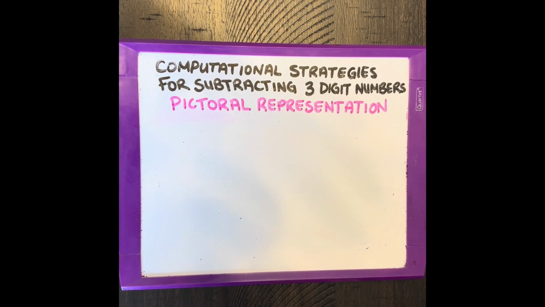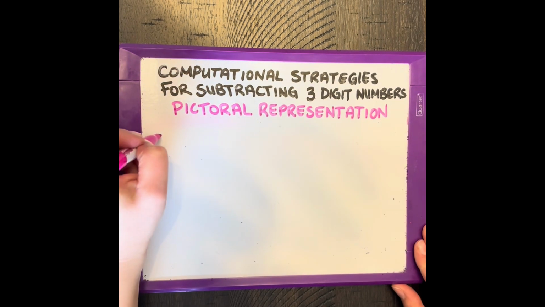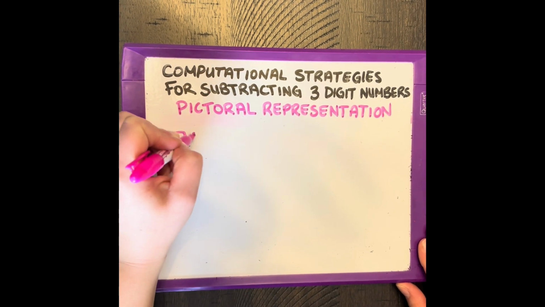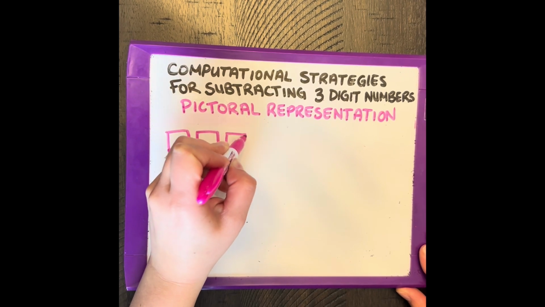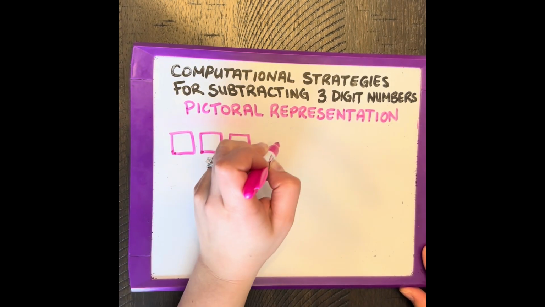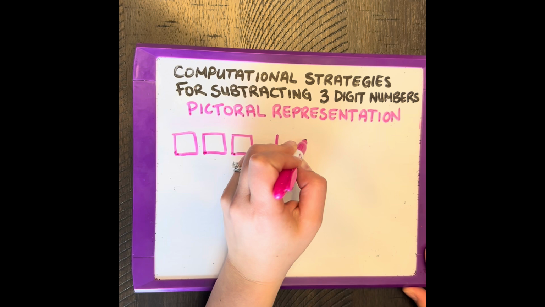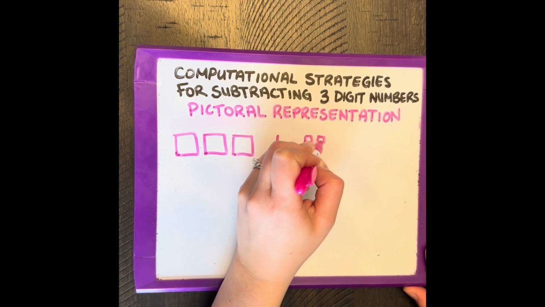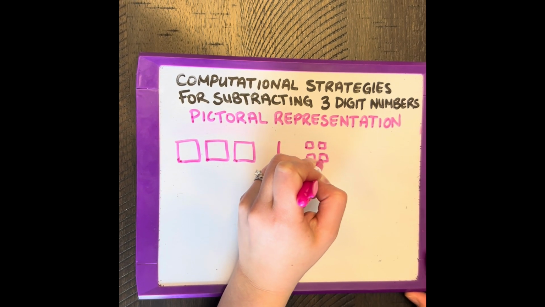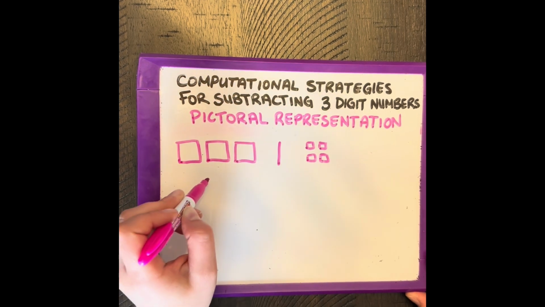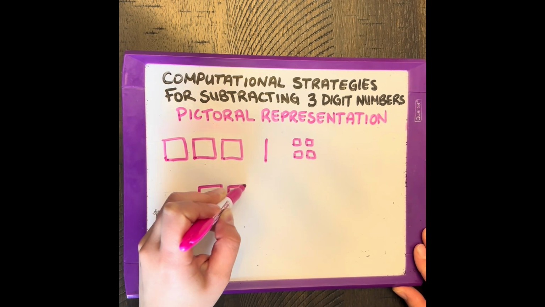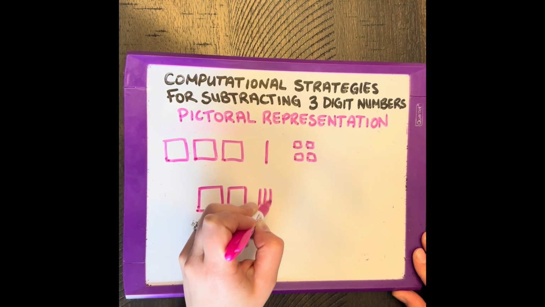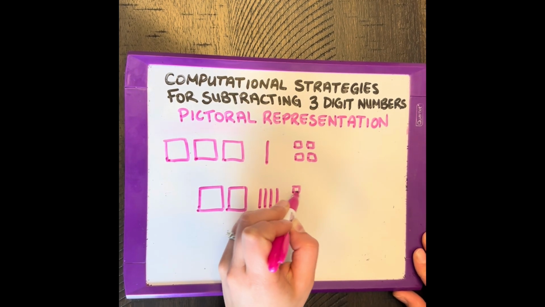Okay, so jumping into our pictorial representation, I'm going to go ahead and draw out this equation. These large squares represent our hundreds flats, 314, 1 rod there, with our 4 individual units on the side here. And we are subtracting from 314, 248.